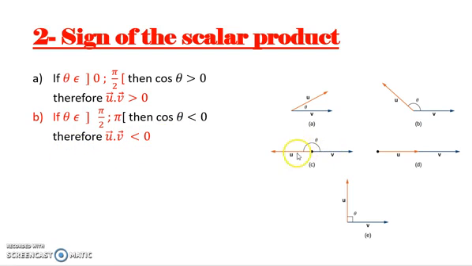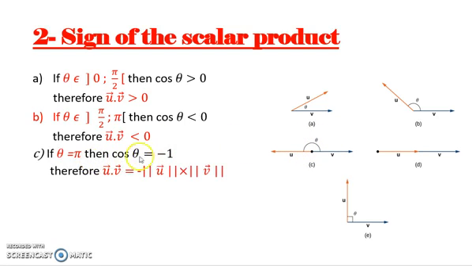In this figure, the two vectors u and v are collinear having opposite senses, then the angle between the two vectors is equal to 180, and we know that cosine of 180 is equal to minus 1, therefore u dot v is equal to minus norm of u times norm of v, which is negative.